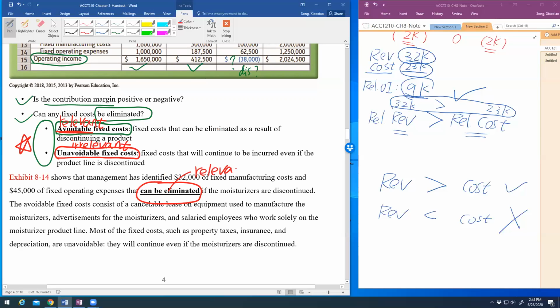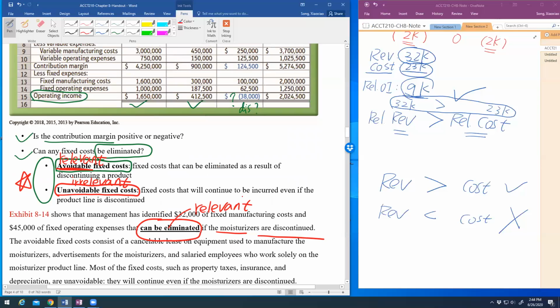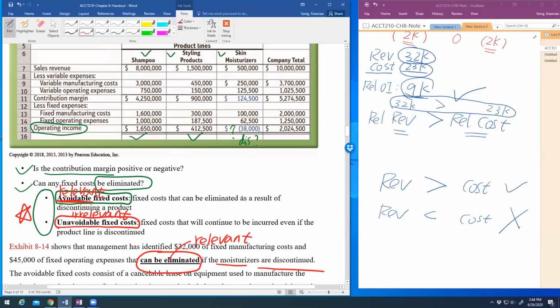So if you discontinue this moisture, you can save 32,000 plus this 45,000. So all this 77,000 is relevant. Those can be avoided, right?